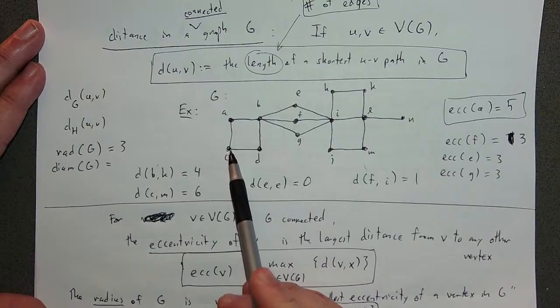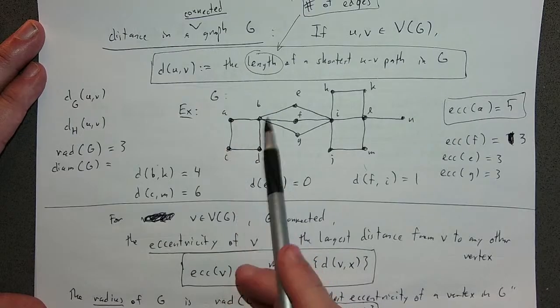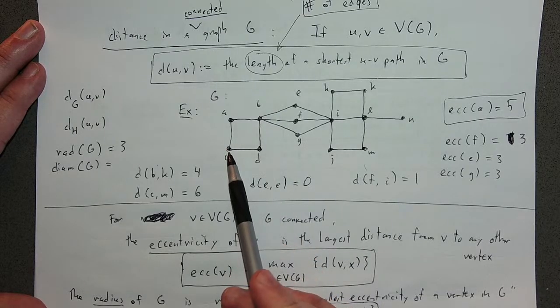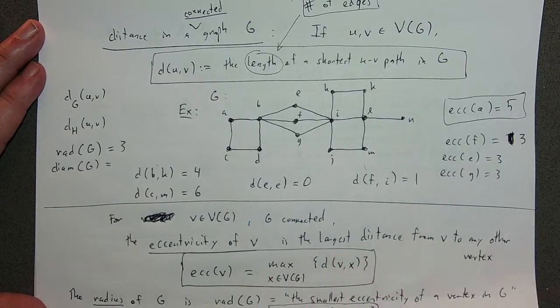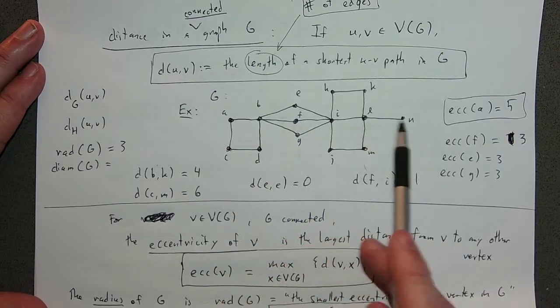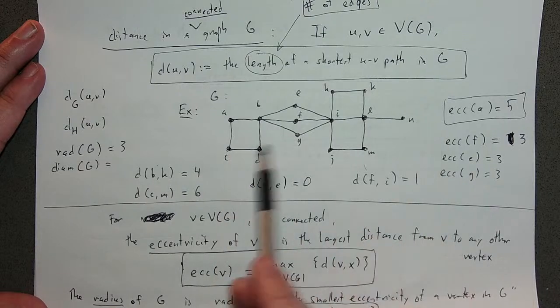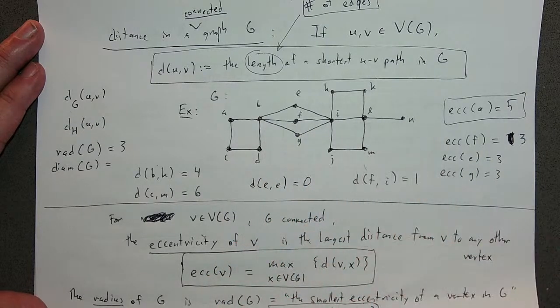C. It's the only other vertex that A is adjacent to, other than B. What is the distance from C to N? 1, 2, 3, 4, 5, 6. How about from C to N some other way? 1, 2, 3, 4, 5, 6. 6.